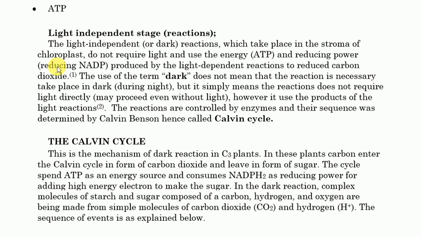And when the carbon dioxide is reduced, they produce carbohydrate. So the light independent reactions do not depend on light directly, but they depend on light indirectly. The products produced in the light reaction are used in the dark reaction for the production of carbohydrate molecules.